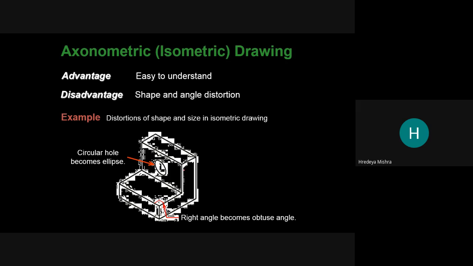This is the disadvantage of the isometric view, but it is easy to understand. This is not truly 90 degrees, but we can easily understand this is 90 degrees. So this is about the advantage and disadvantage of the isometric view.